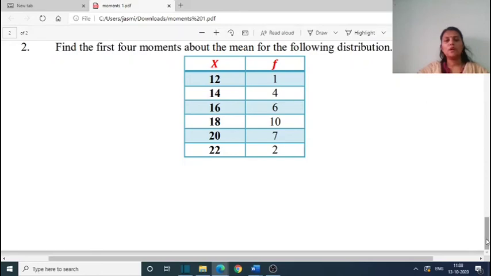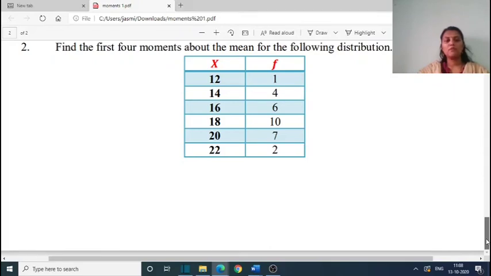So first you have to find this x value. Now we have to take a as either 18 or 16 and find u. Now find sigma fu, fu square, fu cube, fu raised to 4.